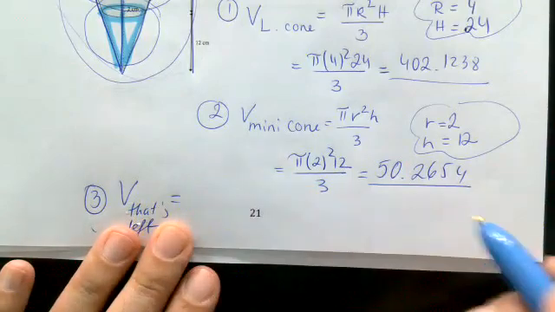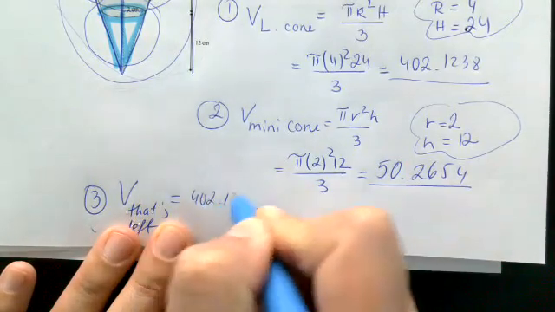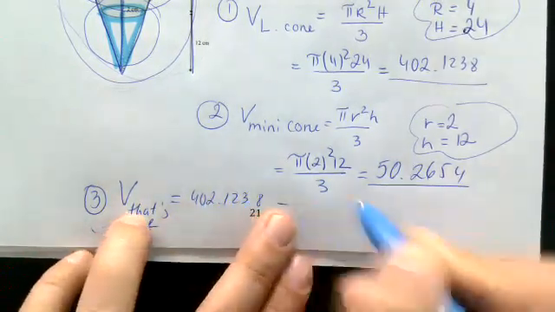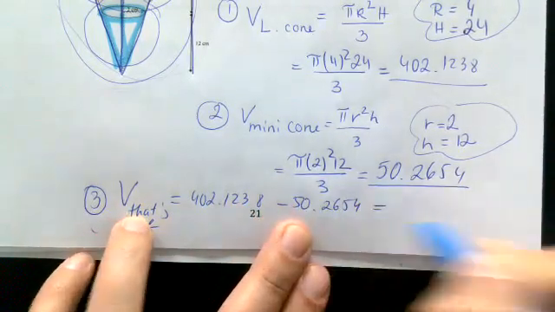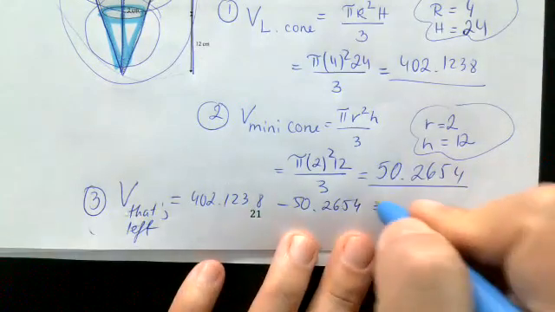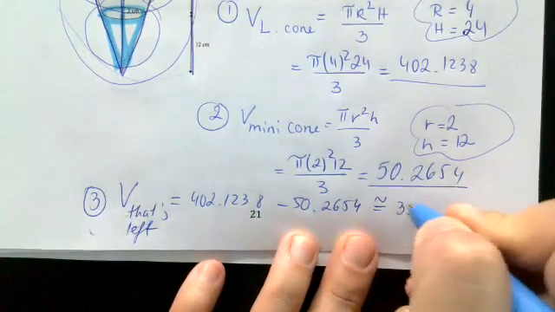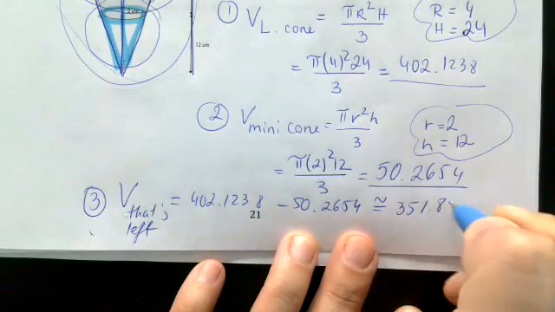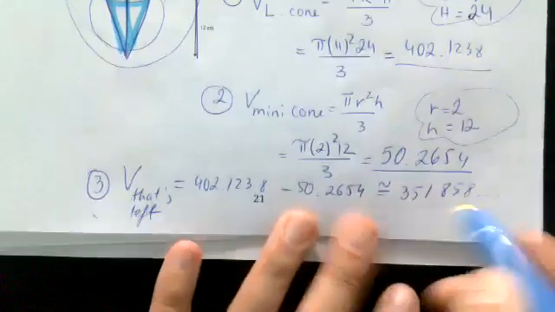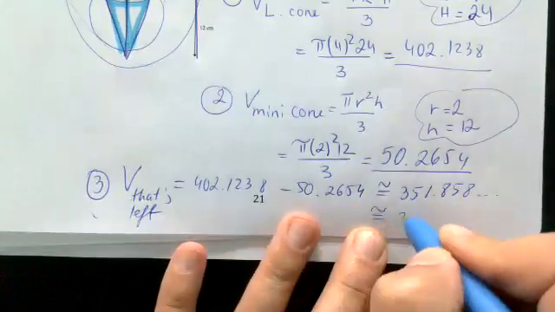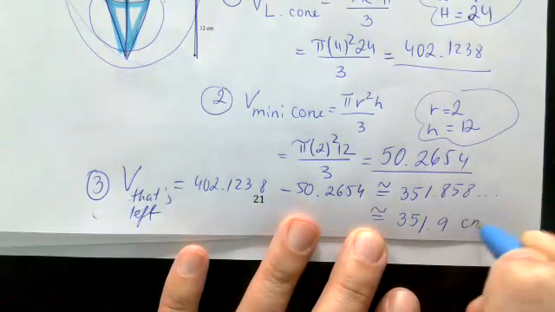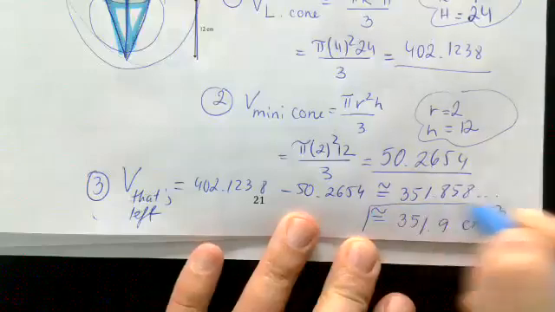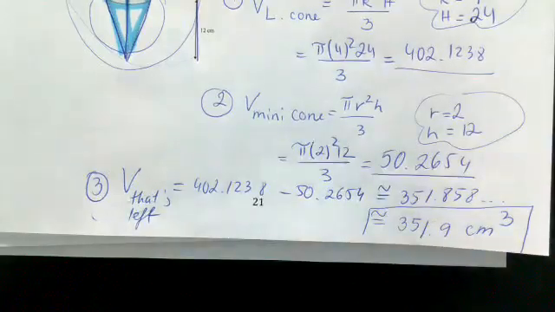It's 402.1238 minus 50.2654 equals approximately 351.858. So approximately 351.9 centimeters cubed.